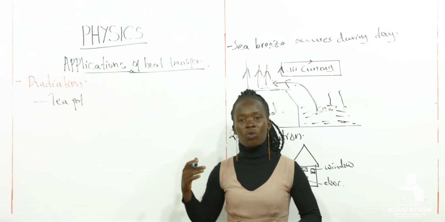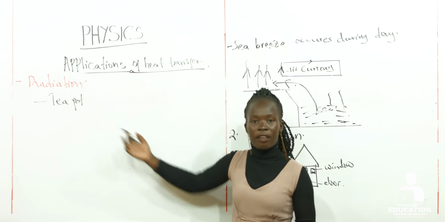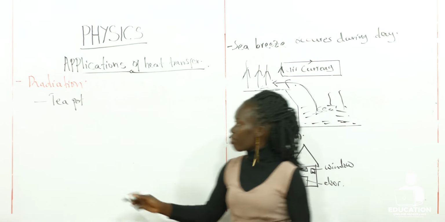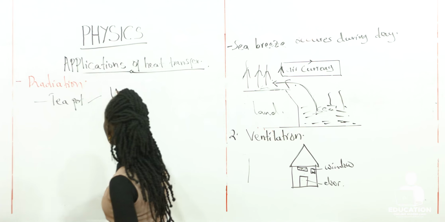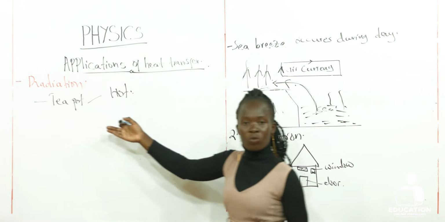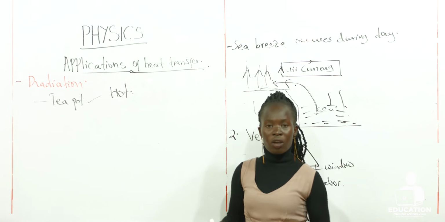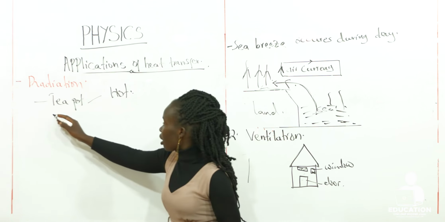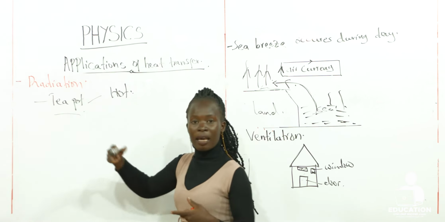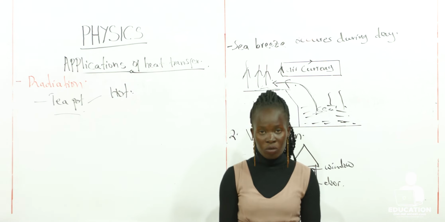We want them to store the heat, because if you boil tea in the teapot, you will want this tea to remain hot. If you want it to remain hot, that's why we are saying that the surface is polished white. So if it is hot, that means that the emission rate of heat is going to be low.